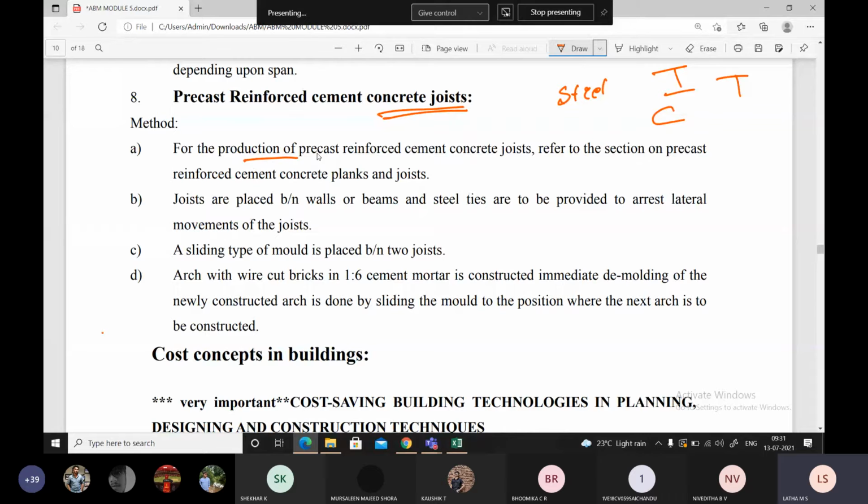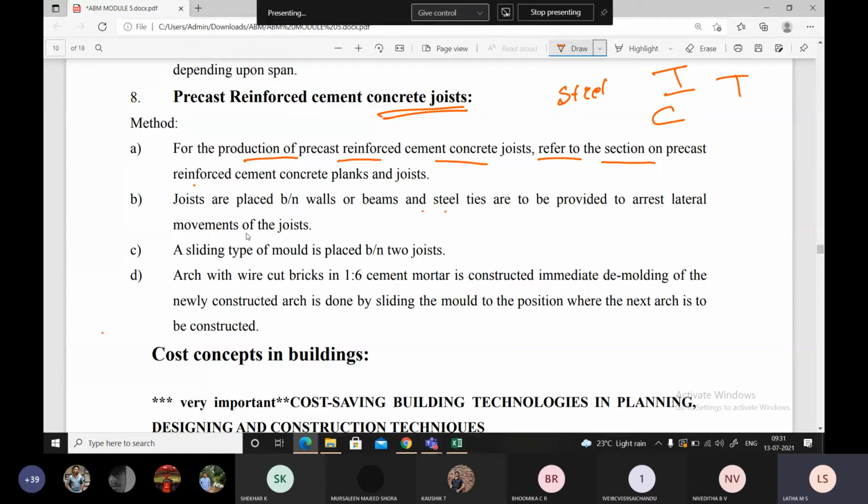For the production of precast reinforced cement concrete joist, refer to the section on precast reinforced concrete planks and joists. Joists are placed between walls or beams, and steel ties are to be provided to arrest lateral movements of the joist.